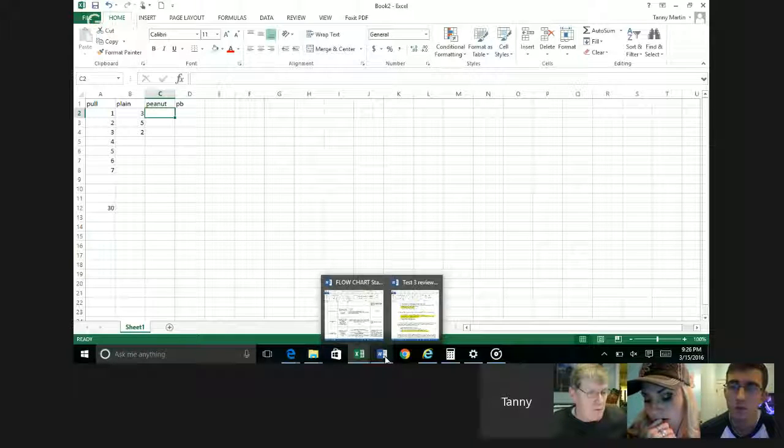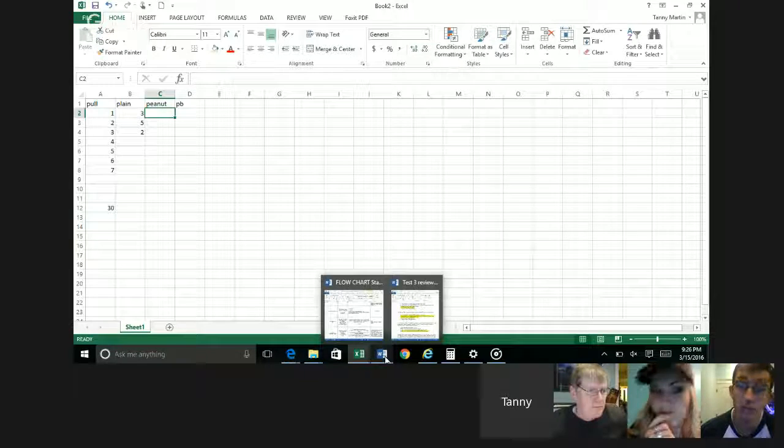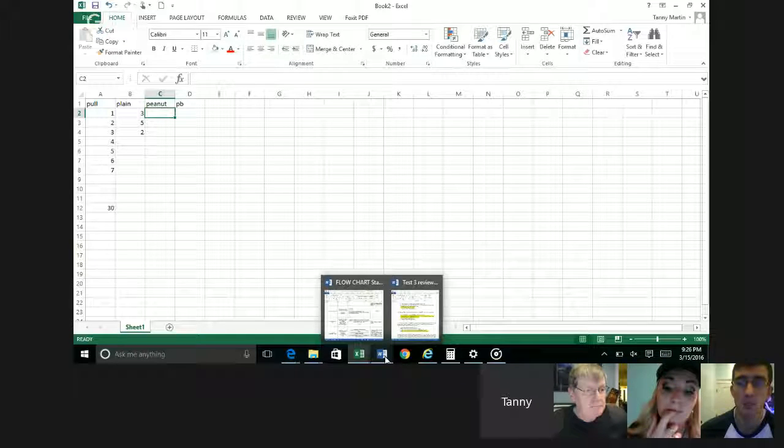Each member of the group will randomly spill out M&Ms 10 times per type of M&Ms bag. Okay, 10 times per type, so we'd have 300 M&Ms. But what are we going to do with that much data?